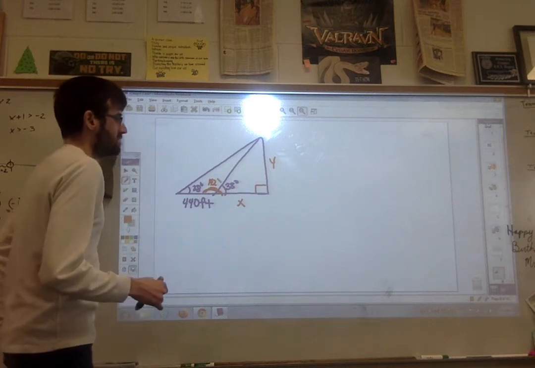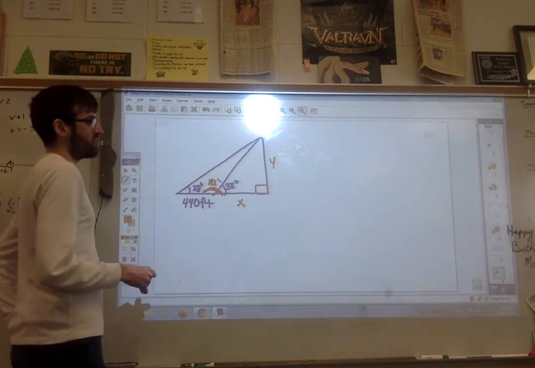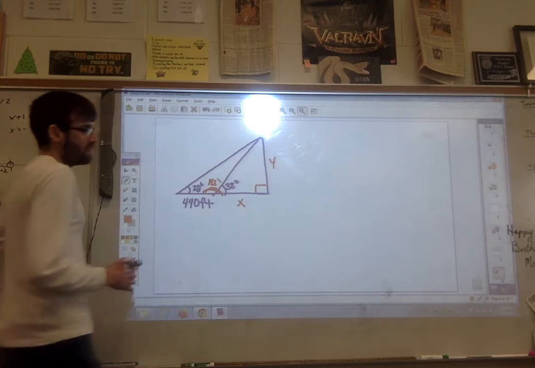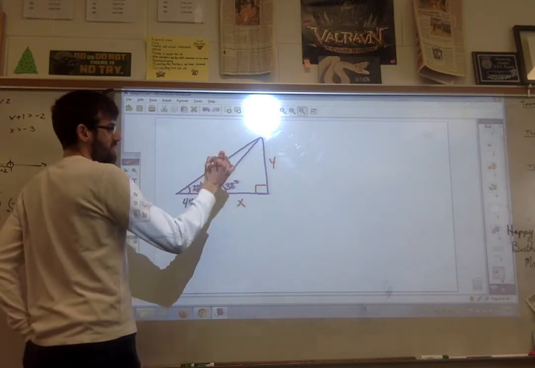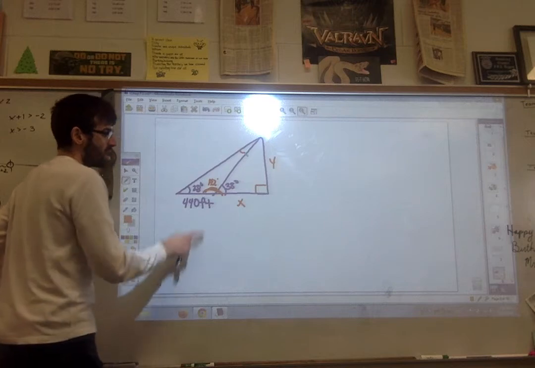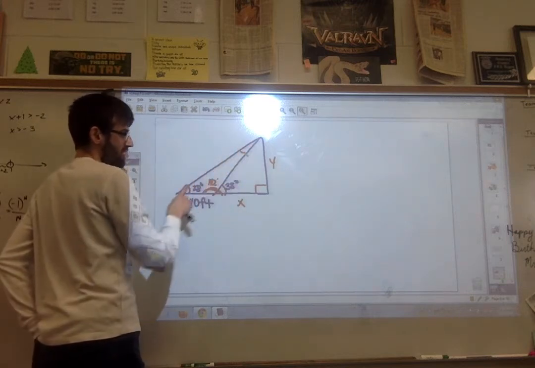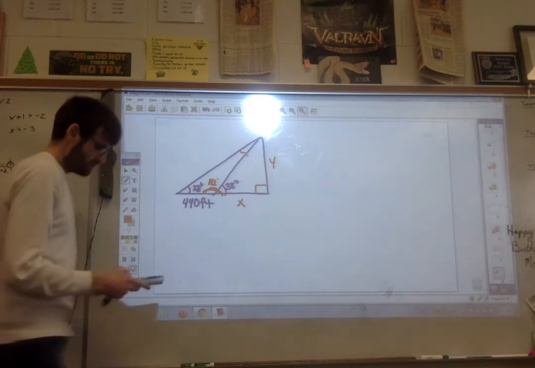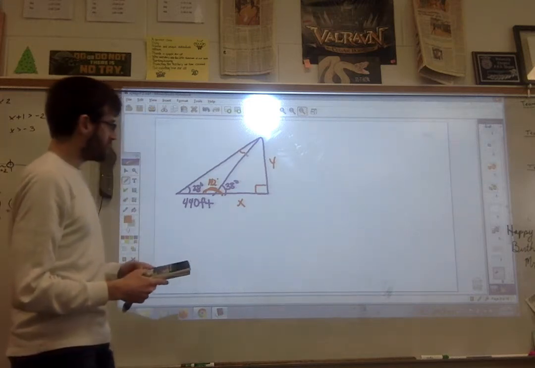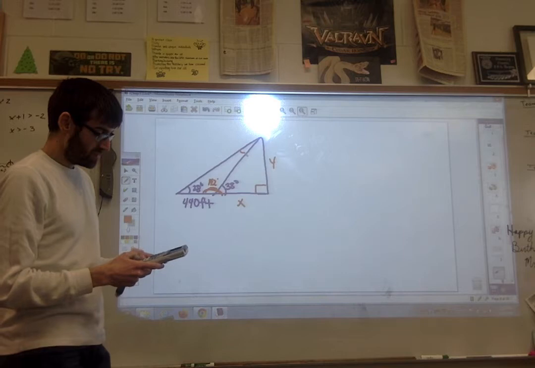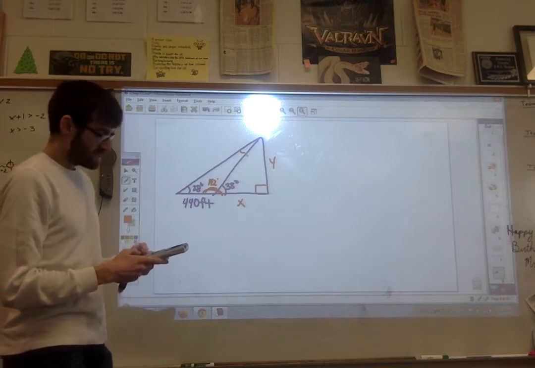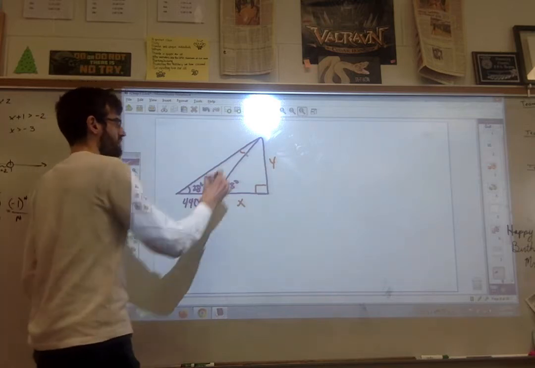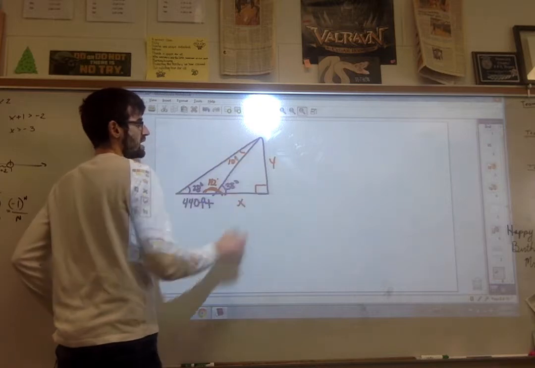The next thing I'm going to do is solve for this angle, 180 degrees in this triangle right here. So I'm going to take 180 minus 142 minus 28 to get 10 degrees. That's this angle right there.